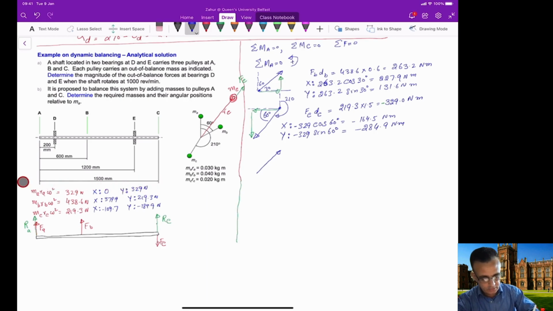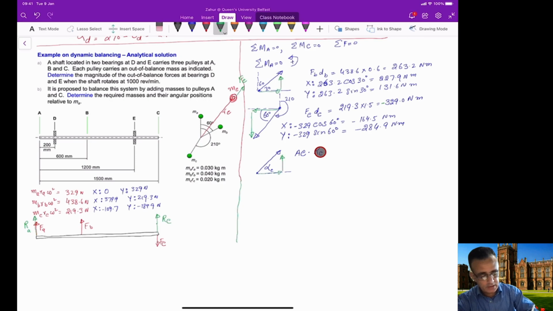So we can call this angle, for example, alpha C, and this value will be equal to AC times RC. So AC RC is the whole vector, and we are taking it positive. And obviously now, similar to the previous cases, we need to split this into two components, the X and Y components. So X component is positive and the Y component is positive.